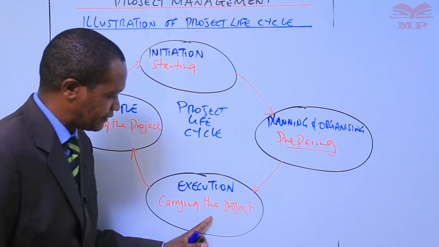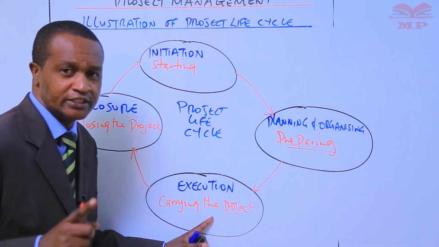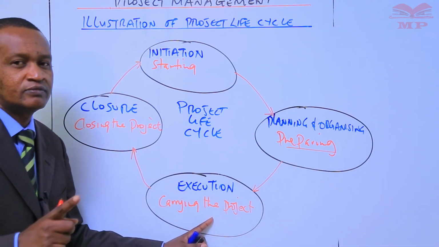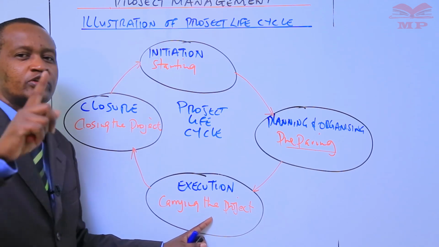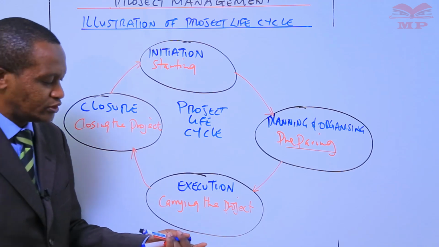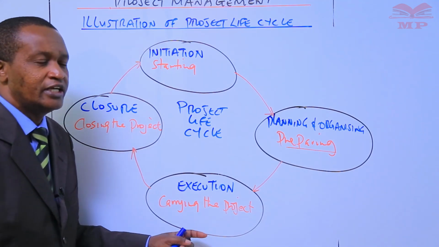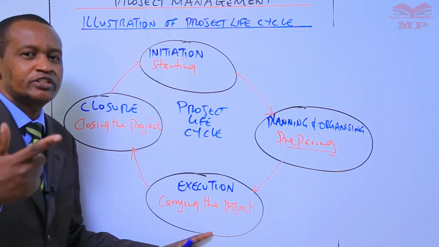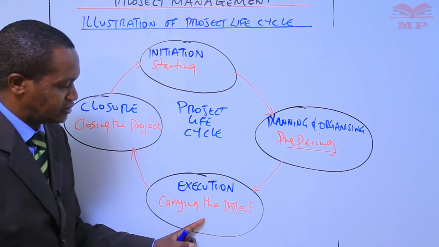So this is the third phase, which is the execution phase. It is known as the execution phase. And candidates, the execution phase is a phase that is commonly associated with project management.